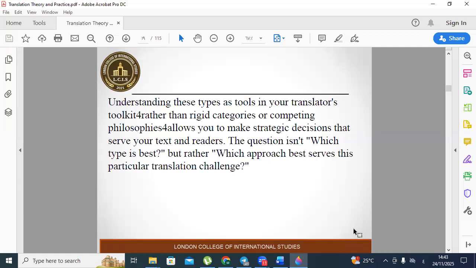Understanding these types as tools in your translator's toolkit, rather than rigid categories or competing philosophies, allows you to make a strategic decision that serves you, your text, and your readers. The question isn't which type is best, but rather which process best serves this particular translation challenge.